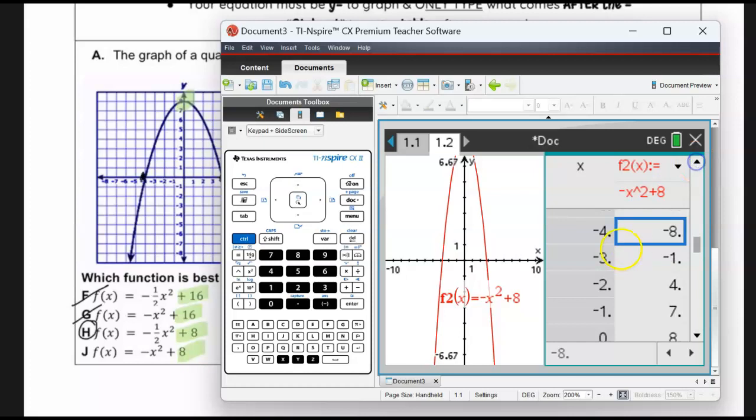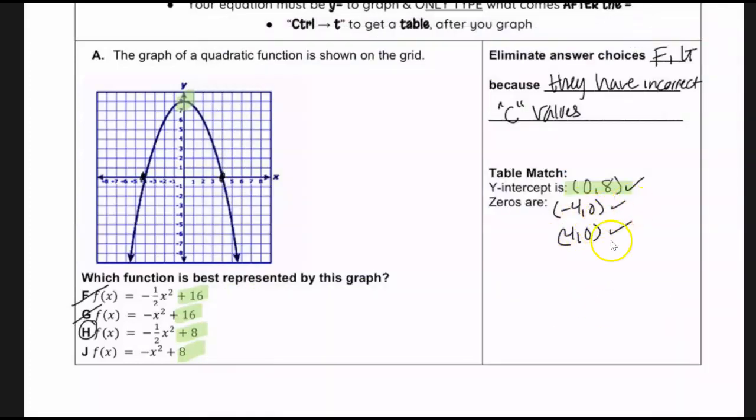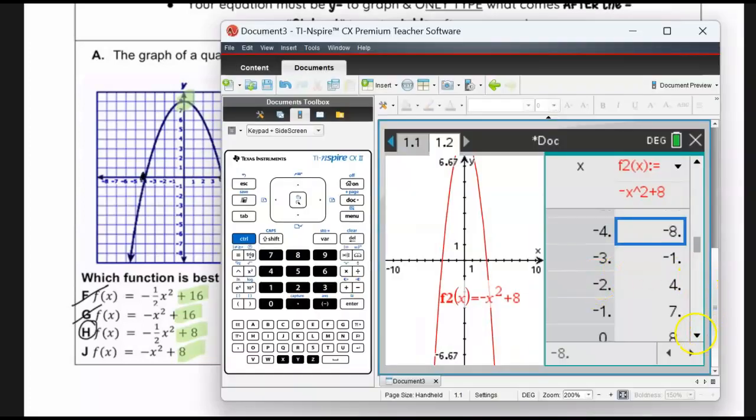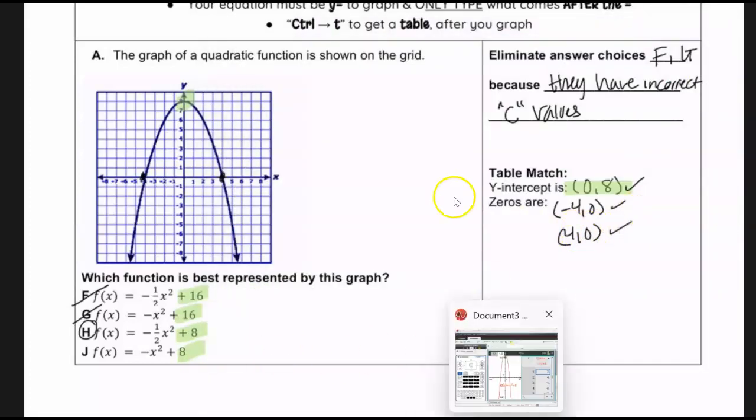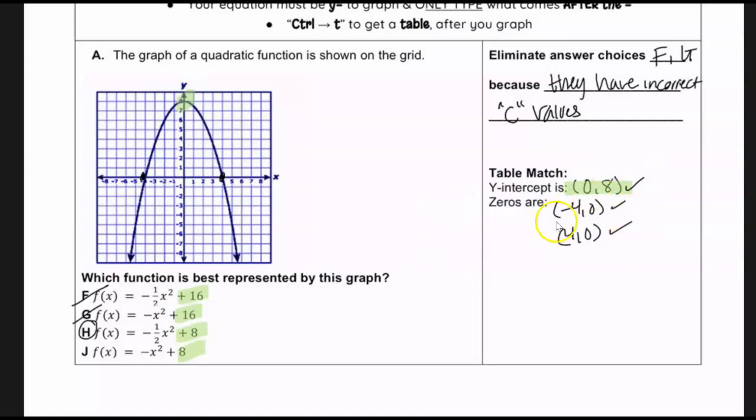But if I scroll up to -4, I get -4, -8. Remember, you wanted -4, 0. And if I scroll down to +4, you get +4, -8, which once again, you wanted +4, 0. So that's what it looks like when it does not graph match. You wanted to match exactly these values here. So that's why H was correct.